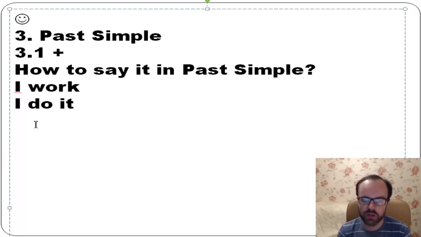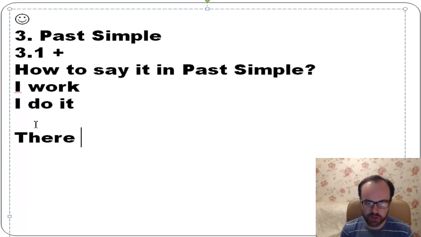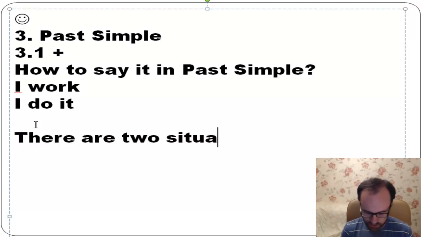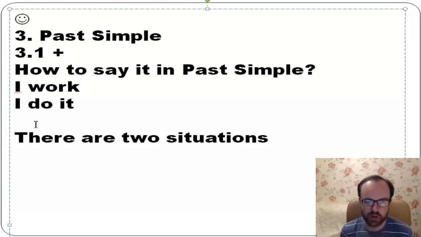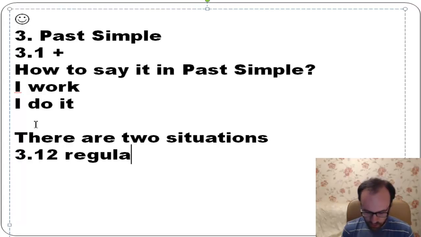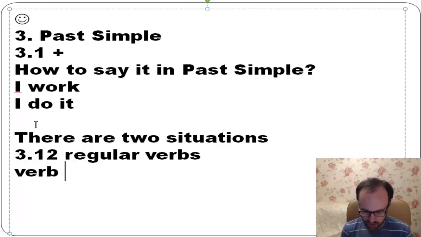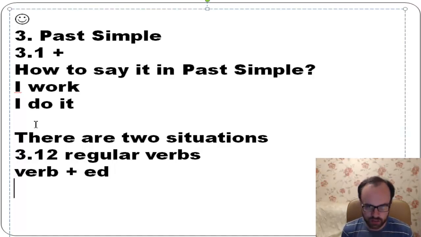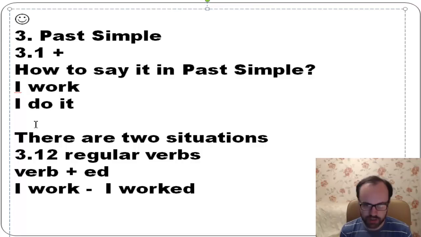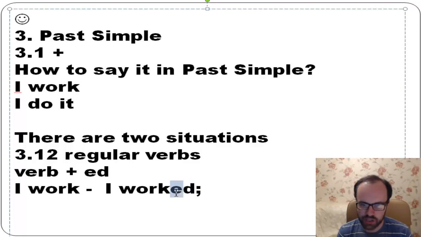So you need to know that there are two situations. So the first situation is for regular verbs. You add ed, verb plus ed. I work, it's present simple, and I worked, it's past simple. So you add ed.